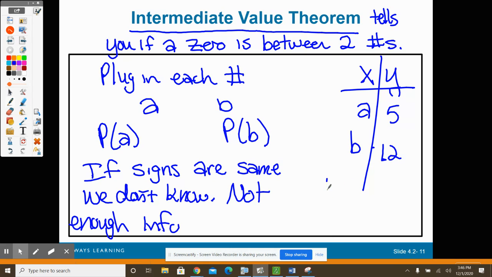Maybe there is. Maybe A was over here and B was over here. And yes, this is at 5 and this is at 12, but maybe somewhere in between it went down and back up again. Or maybe it bounced. You don't know what happened in between those 2 points. Now, if one was negative and one was positive, there has to be a 0 between them. But if they're on the same side, we just don't know. There's just not enough info.